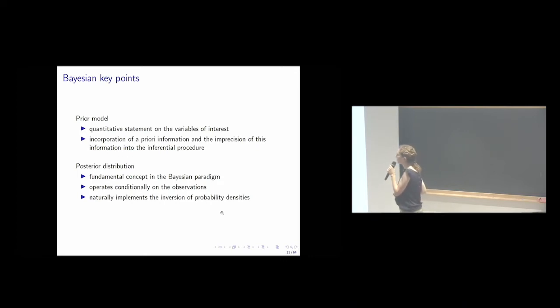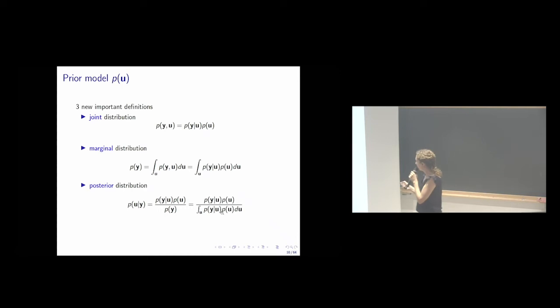So this is for the prior model. Once you have your prior model, you can define the posterior distribution, which is a fundamental concept in the Bayesian paradigm. Because here you have naturally the inversion you wanted to have with the likelihood function.